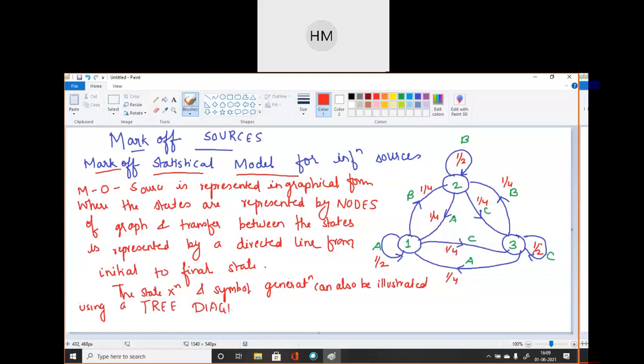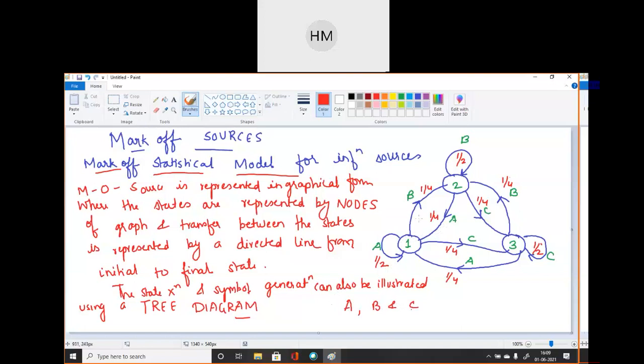I think you have heard this word, tree diagram. And generally this diagram will be given to you in the question. So here, from initial state to final state, your symbol can move. And what are the symbols generated over here? The symbols generated over here, you can write, are A, B, and C.